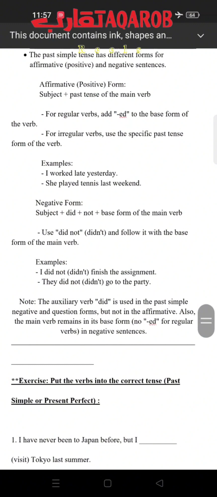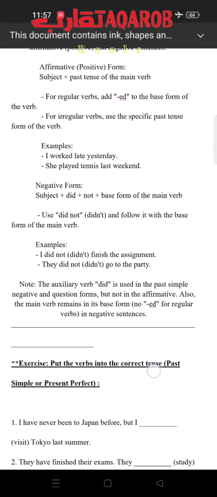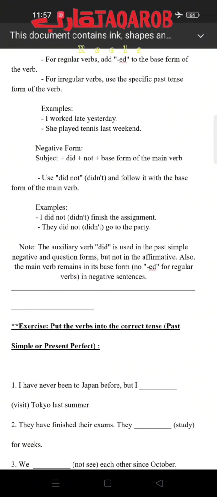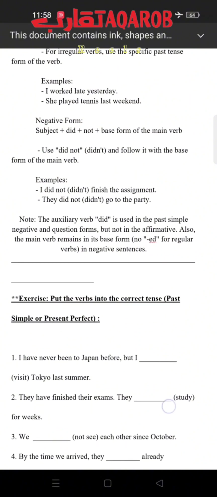The past simple tense has different forms for affirmative, the positive, and negative sentences. Let's get started with the affirmative one. The affirmative form is, first of all, the subject, then the past tense of the main verb. For regular verbs, add ed to the base form of the verb. For irregular verbs, use the specific past tense form of the verb.